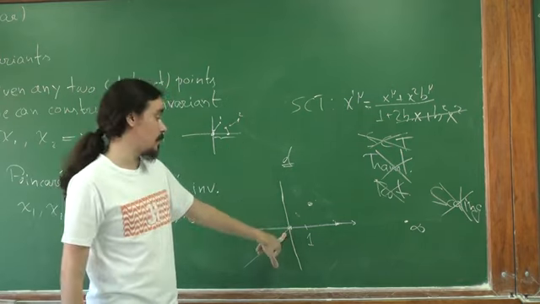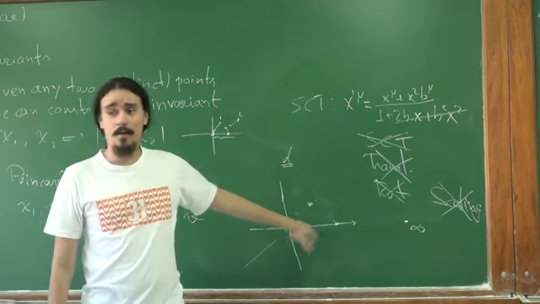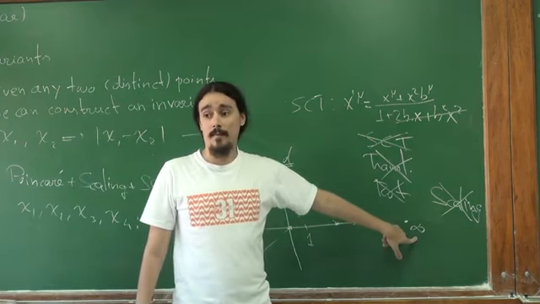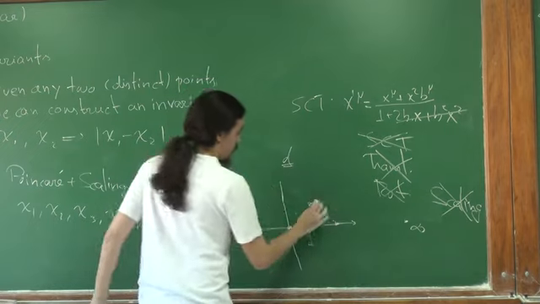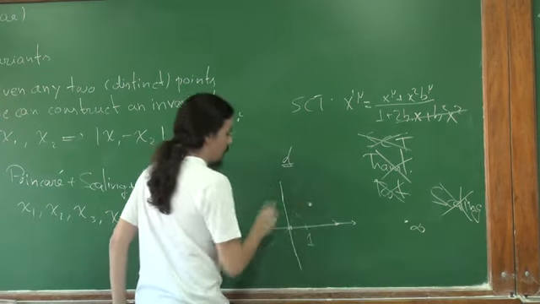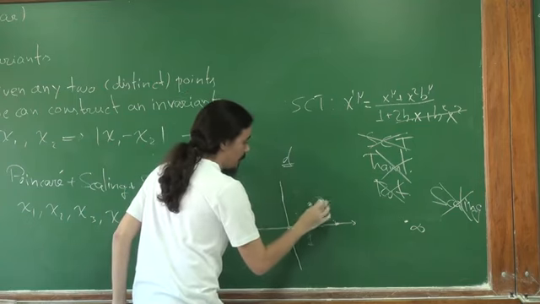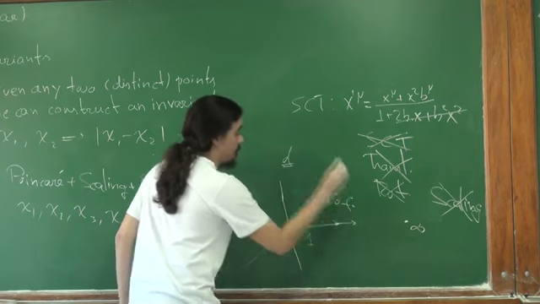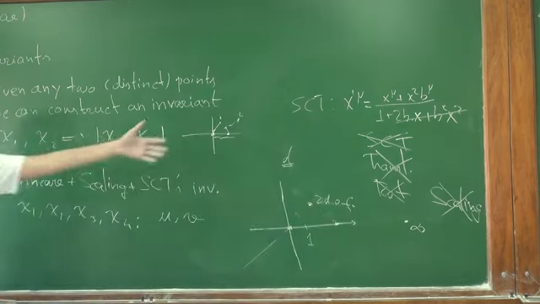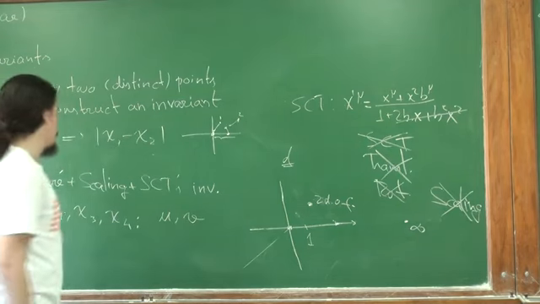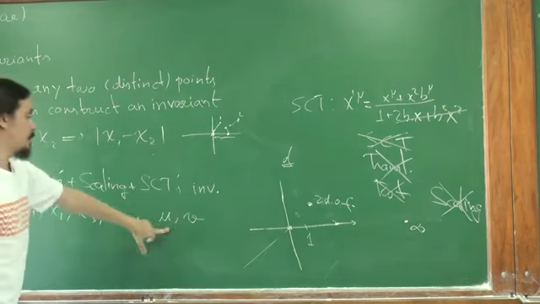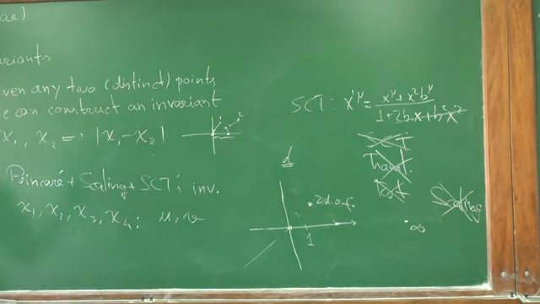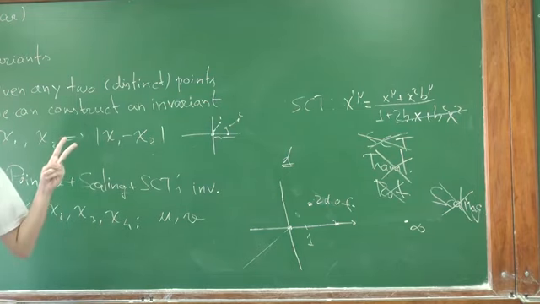One sits at the origin, one sits at 1, and the other one has been blown up to infinity. The only one I do not know where it lies is this point, but it lies on the plane. So it has 2 degrees of freedom. It has 2 unknowns, and these 2 unknowns are precisely encoded in this conformal invariant. This is the reason why, for any 4 points, we have 2 conformal invariants.